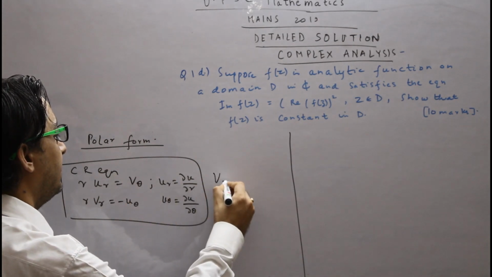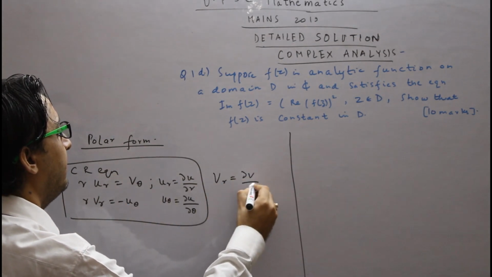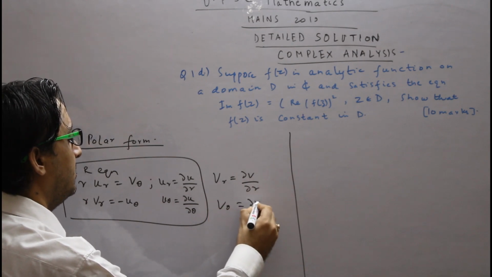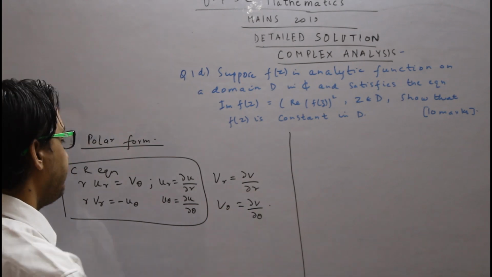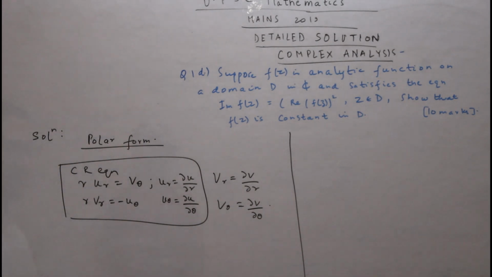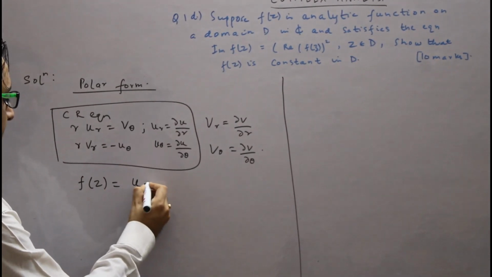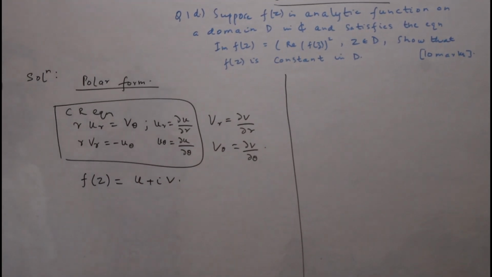Similarly, v_r is dou v by dou r and v_theta is dou v by dou theta. Okay, so from here we'll first formulate what is given to us.